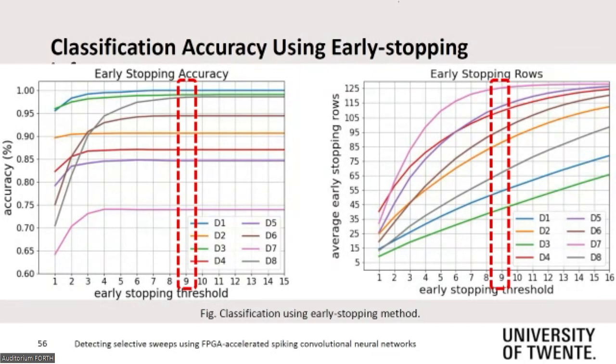We could observe that when the early stopping threshold is 9, we can achieve the maximum classification accuracy for each data set, which means the average early stopping rows for different data sets range from 43 to 125. So we only need to process 43 to 125 rows to achieve the maximum classification accuracy instead of processing all 128 rows of the images.